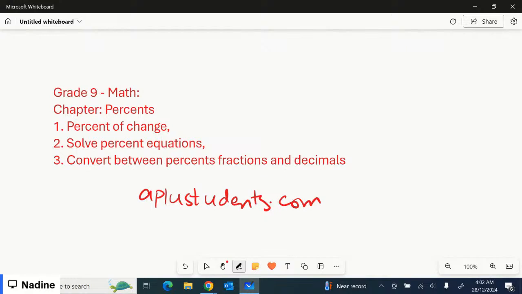Then you have to select math from the subject tab. Scroll down to grade 9 math and then click on view all lessons. There you can find a list of the chapters. We're going to start with the chapter percents.